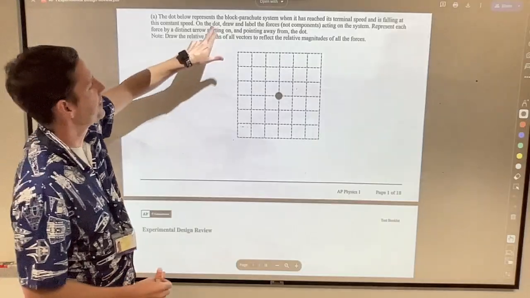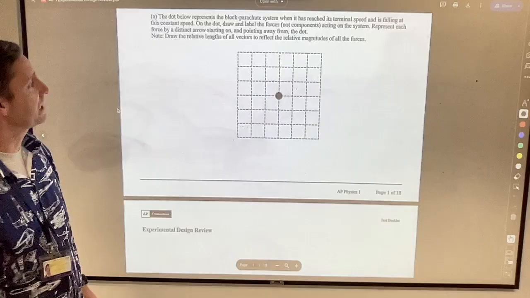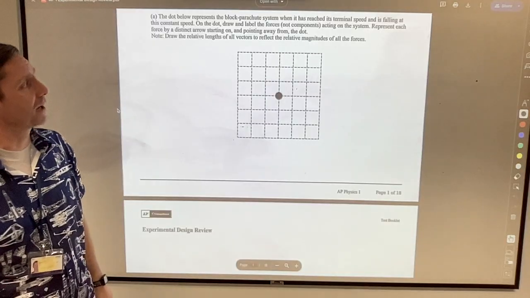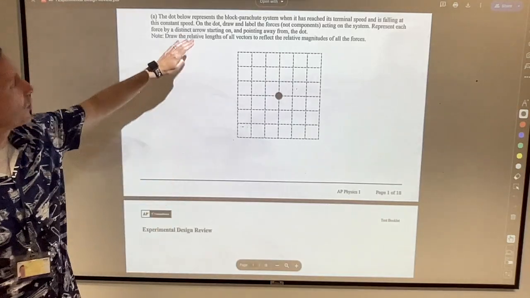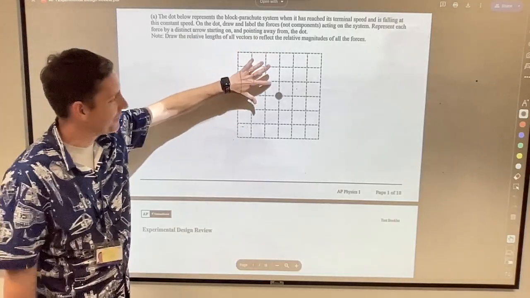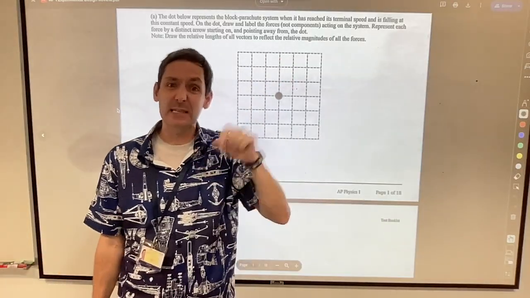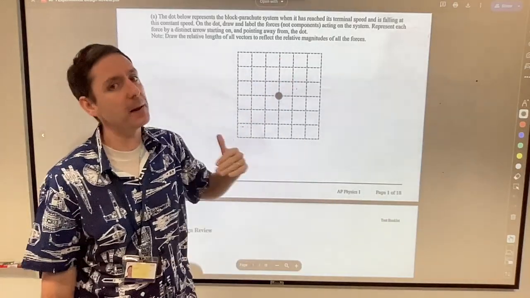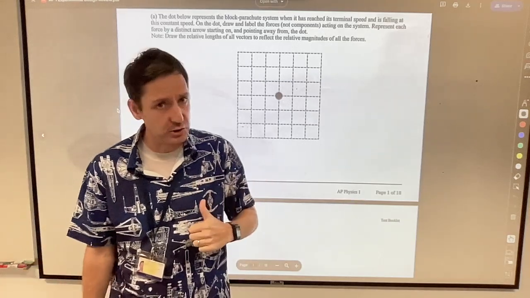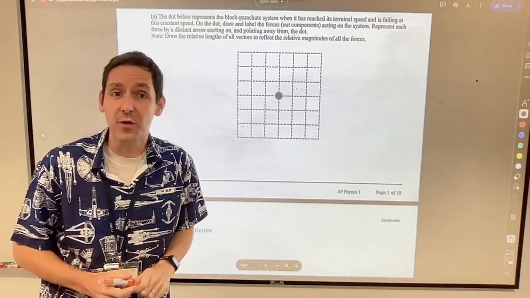Right there on the dot, draw and label the forces acting on the system. Represent each force with a distinct arrow starting on and pointing away from the dot. Now, they won't always say to draw relative lengths of all vectors, but if they give you a grid so that it's easy to figure out lengths and things like that, you should definitely pay attention to the lengths of your vectors. Remember, the lengths represent the magnitude of those things.